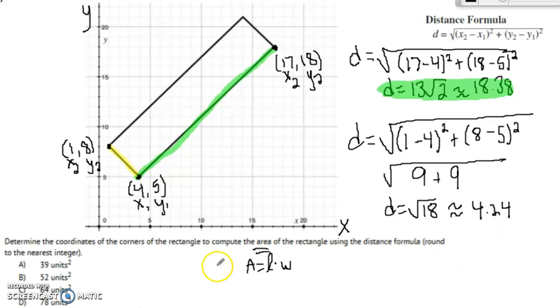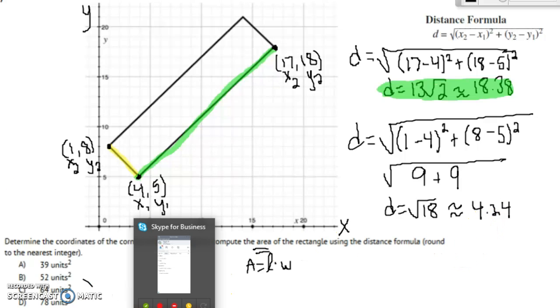And then we're looking for area, so we need to do length times width. Well, first let me just color code this so you can remember. This was the yellow distance. All right, so now we're going to come down here and do length times width. So I'm going to leave it as 13 square roots of 2 times the square root of 18, just so I don't have any rounding errors.